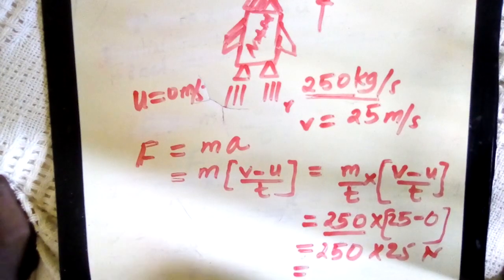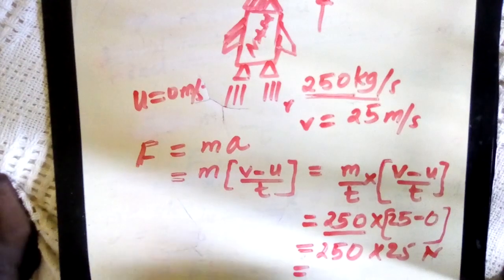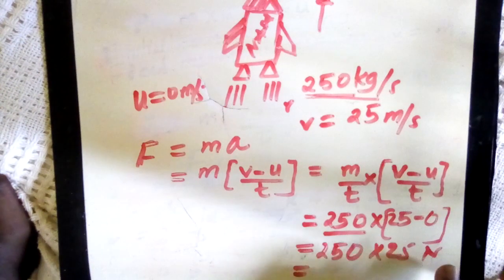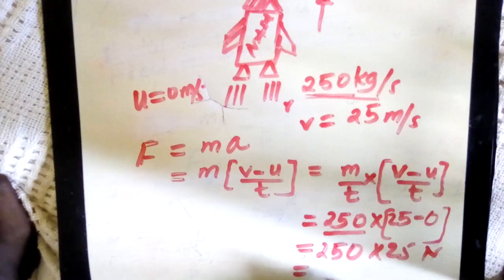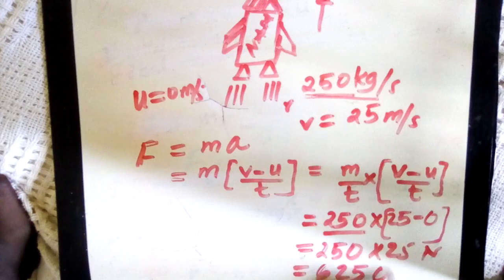We can go ahead and use the calculator to compute this value. 25 multiplied by 250 is 6250.